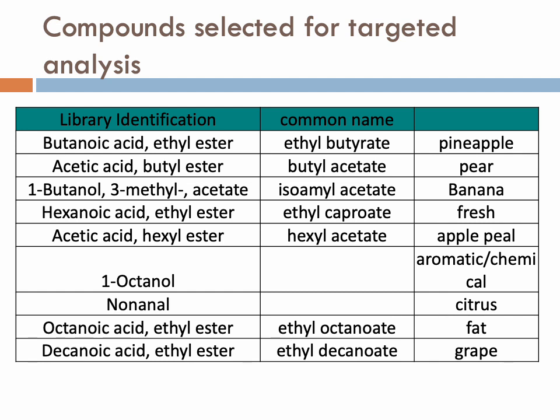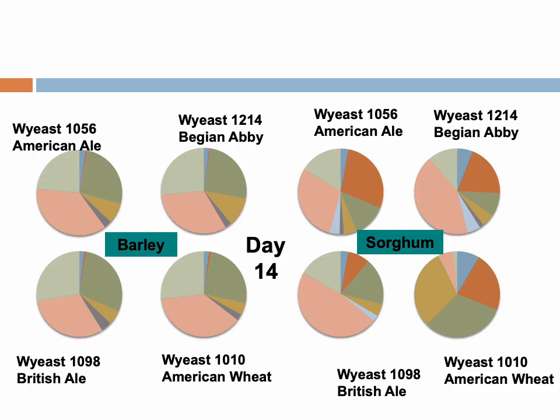But what we did then was we looked at these compounds, added those additional yeast strains, and redid a bunch of fermentations to see how that affected them. The easiest way to show it quickly is these pie charts. The pies represent the total of all of those compounds after these 14-day fermentations. And what we can see, as you would expect, is that they look different.